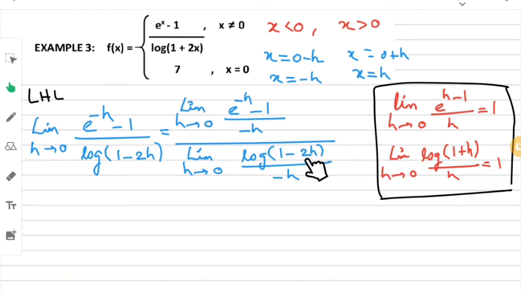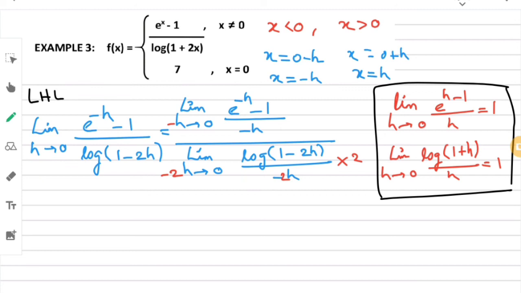But here I am having minus 2h, but here I'm having only minus h. So I need 2 here. I'm going to write 2. So I want to multiply and divide by 2. That's what I did. And what will happen here? h tends to 0 means minus h also tends to 0, and here minus 2h also tends to 0.